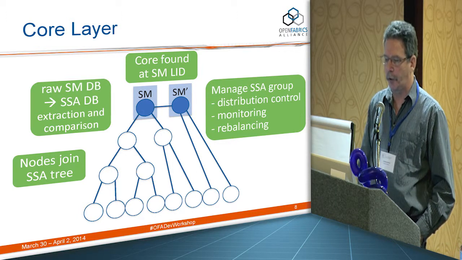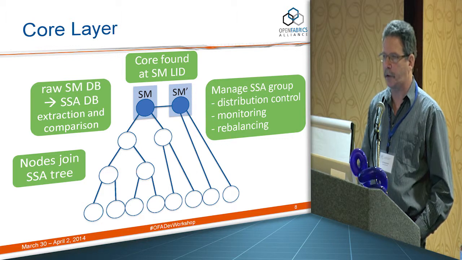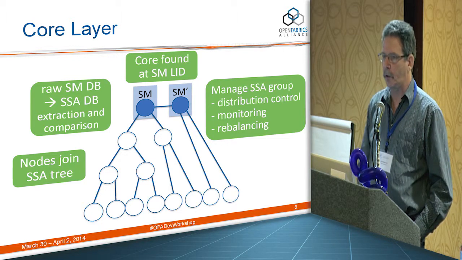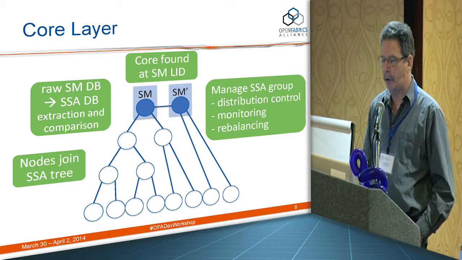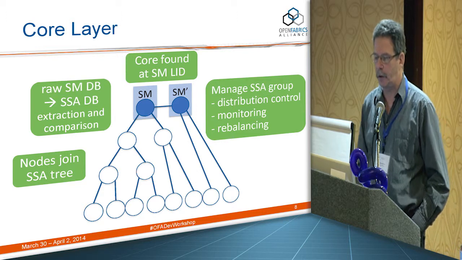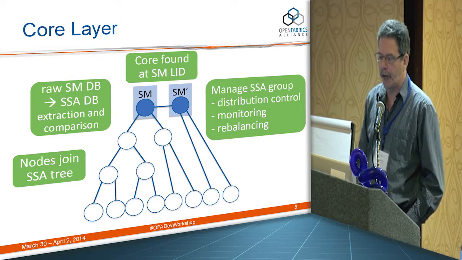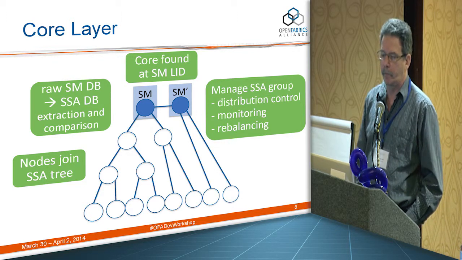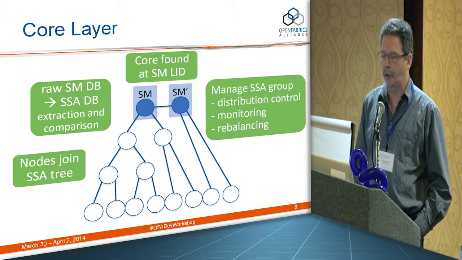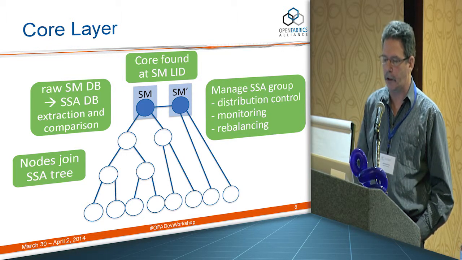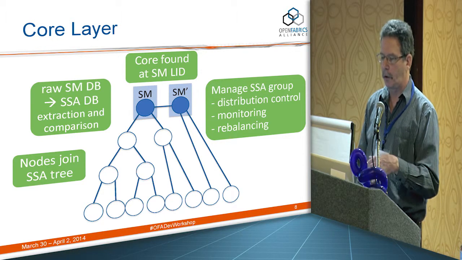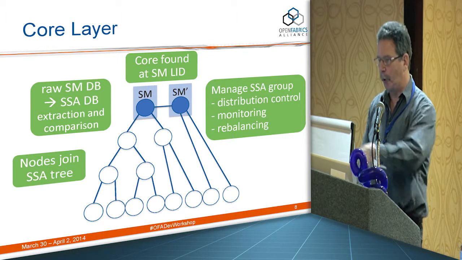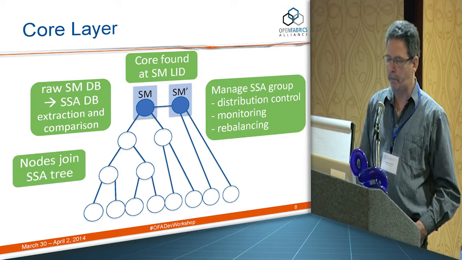The tree balancing code figures out who the parent is. It queries the SA for a path record between the joining node and its parent, and returns that to the joining node. The joining node then creates an RSocket connection to its parent. The tree forms and the database is pulled down the tree.